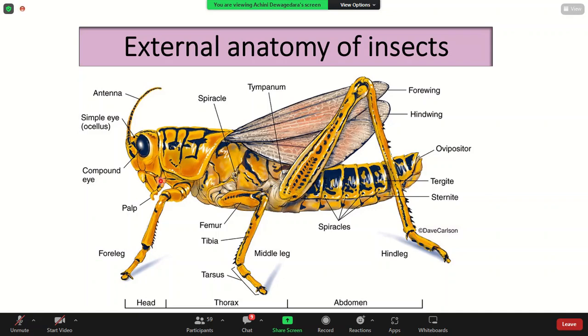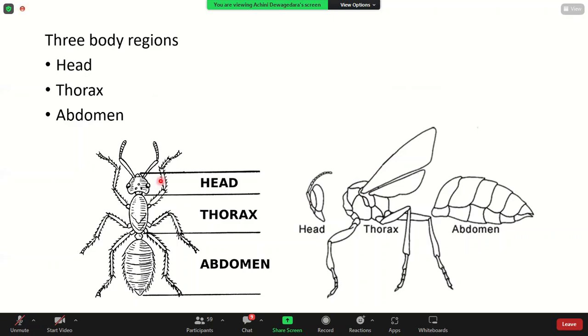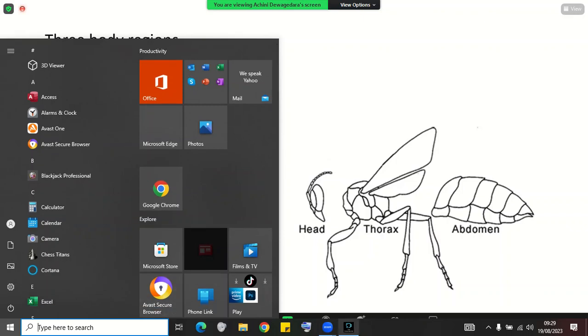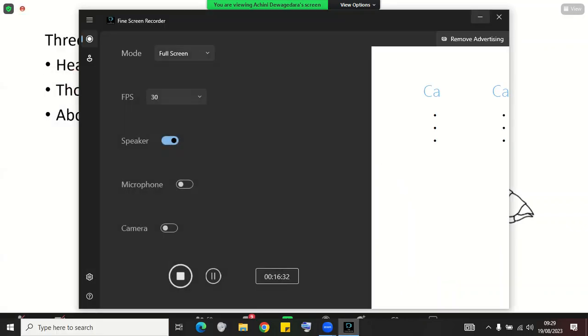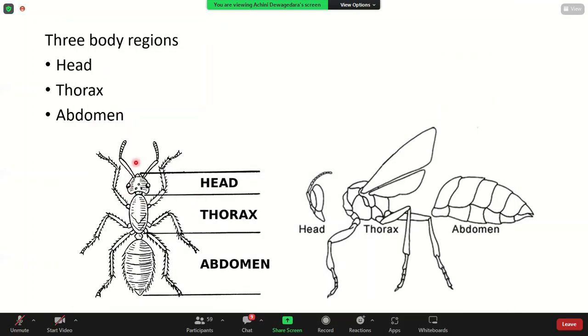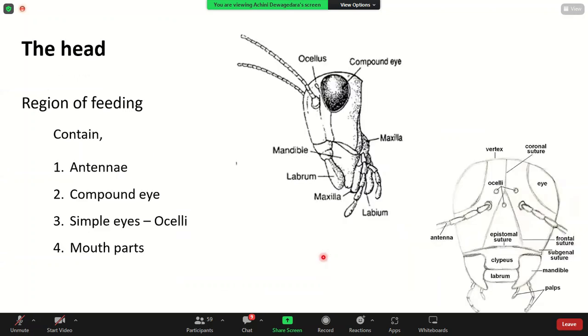So first we will discuss the head. Okay? As I told you, the body of insects can be divided into three body regions: head, thorax, and abdomen. Okay. So first, let's see what body structures are present on the head of insects. Generally, the head is the structure responsible for feeding.